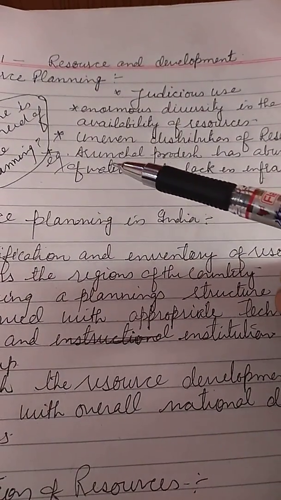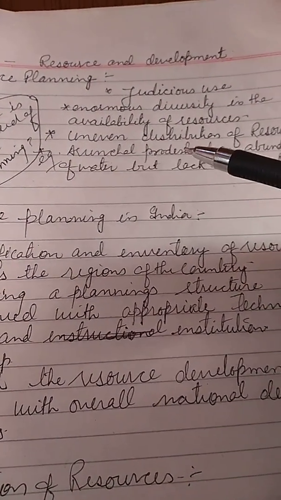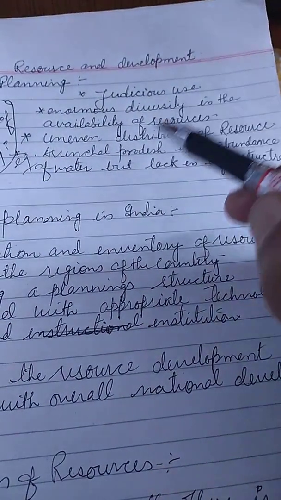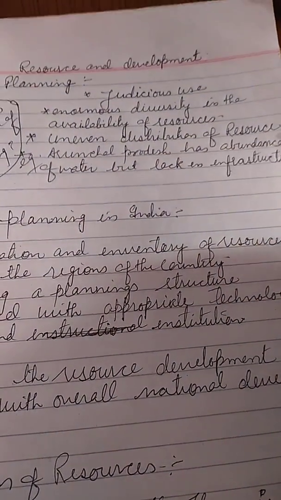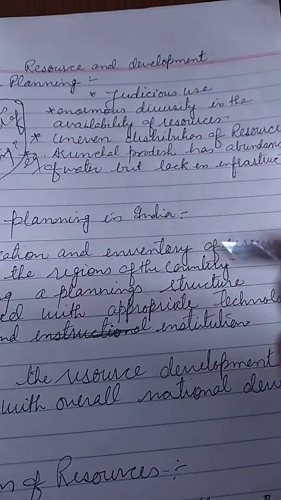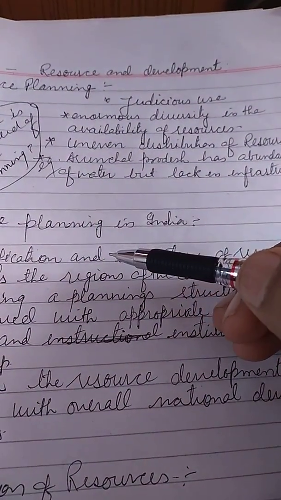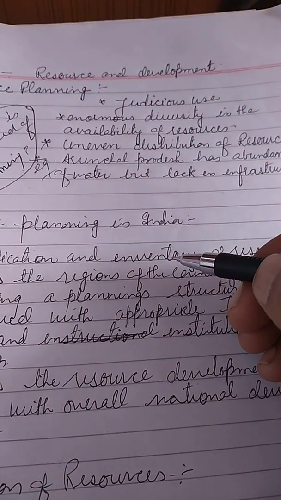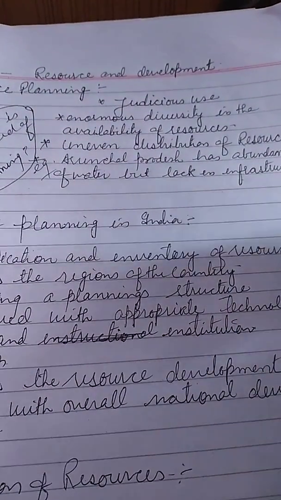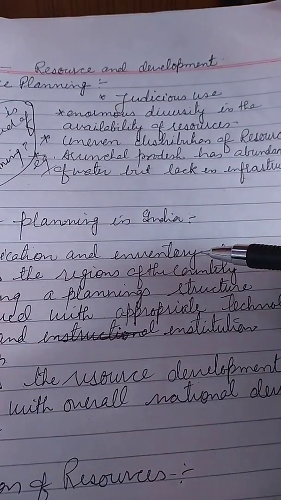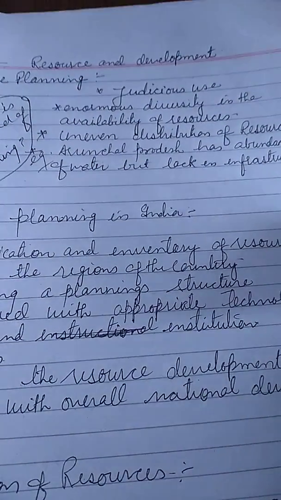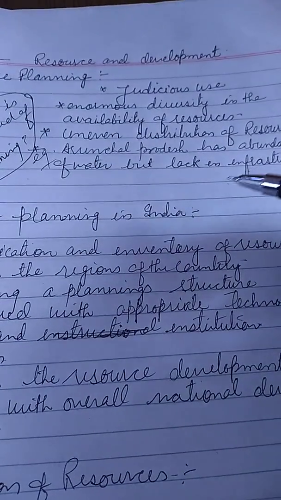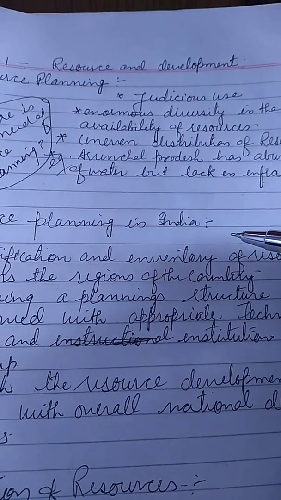Take the example of Arunachal Pradesh, which has enormous abundant water but a lack of infrastructure. Similarly, Rajasthan has enormous potential for solar energy, but there is a scarcity of water. In the same way, the peninsular part is rich in metallic minerals but lacks other minerals.